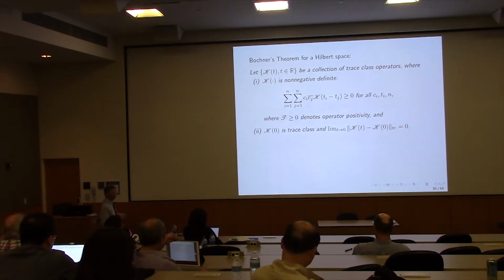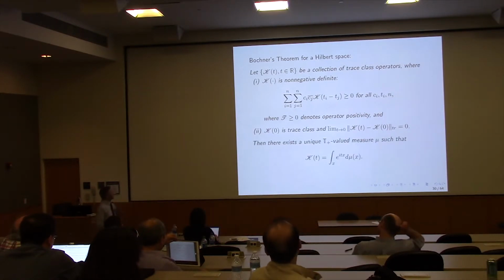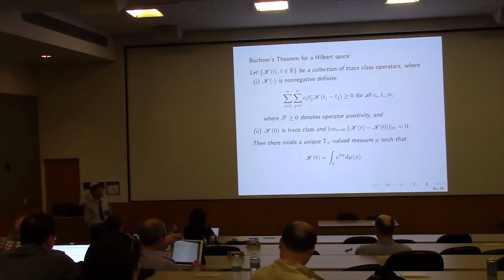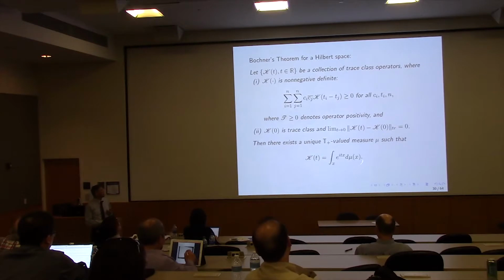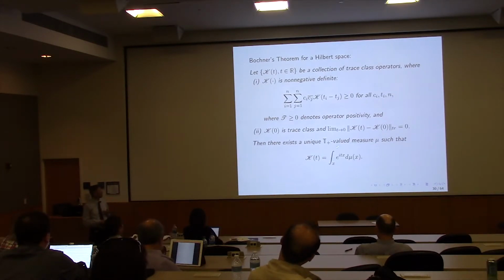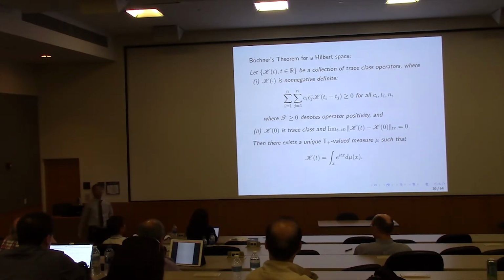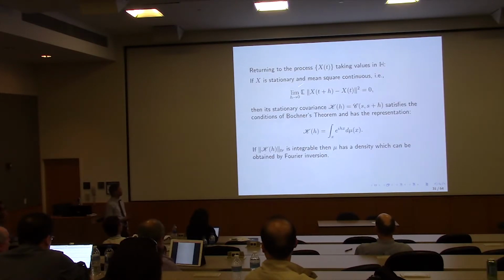Continuity, we have to say what we mean by that. So this is in terms of the trace norm at zero. And then we have this Bochner representation. Right? Again, mu here is going to be more complicated. So mu is an operator valued measure. We don't have to know what it is. The important message here is that we can write down every possible K that satisfies these properties.